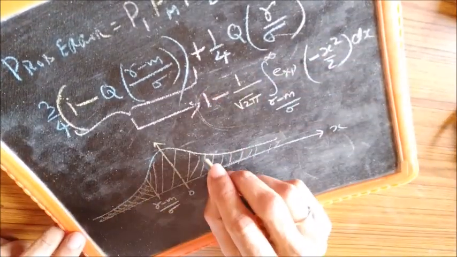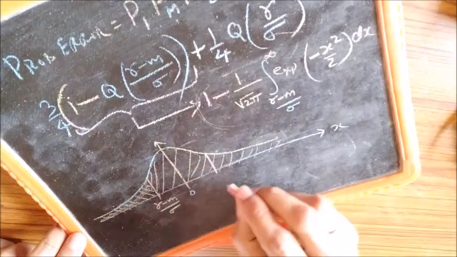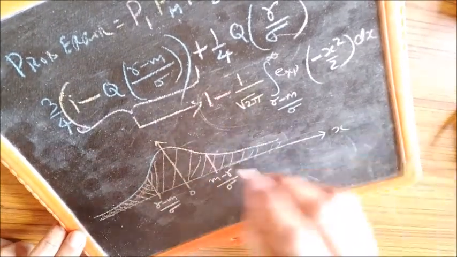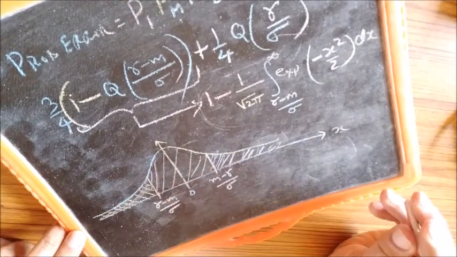And the same area is available if you integrate from m minus gamma by sigma to infinity. You are getting the same area as this.